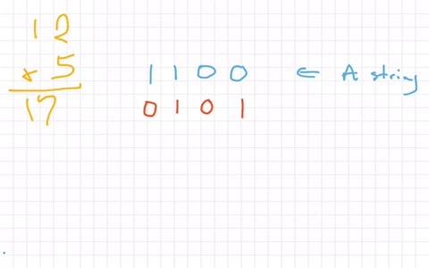Technically, the reason I put the 0 right here is just as a placeholder so that it's a 4-bit number. It doesn't actually change the value because it's in front of it. And that gives me my B string.